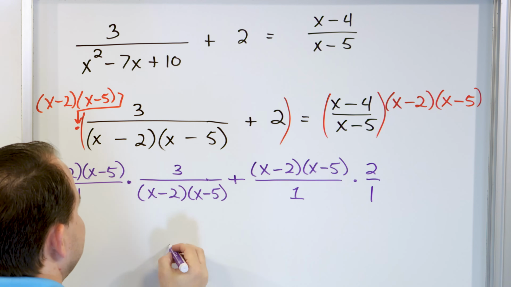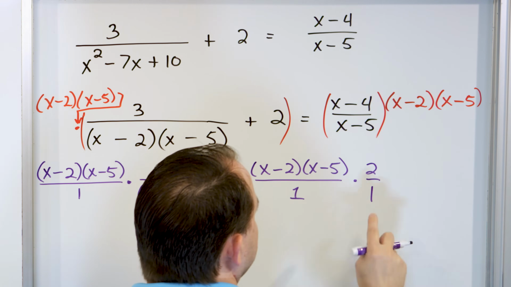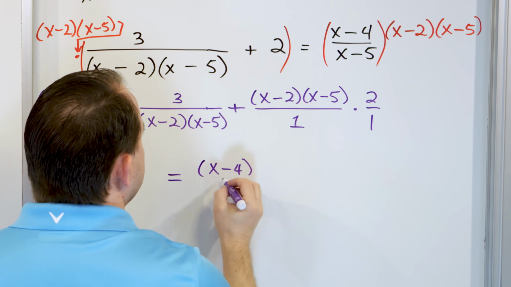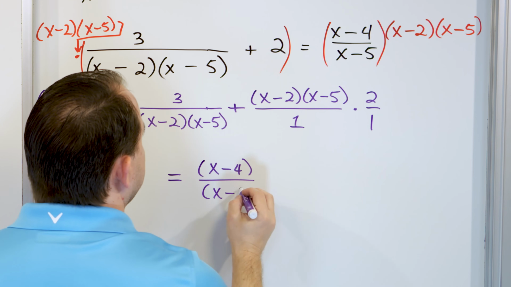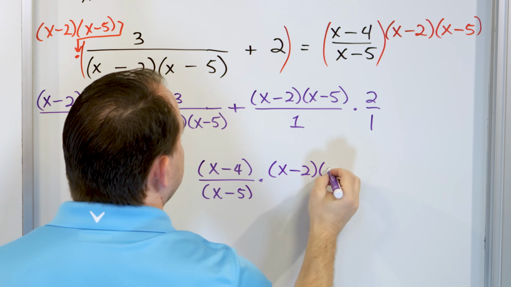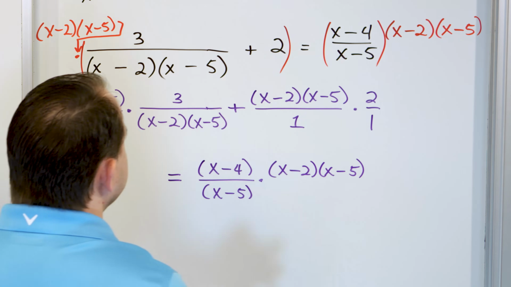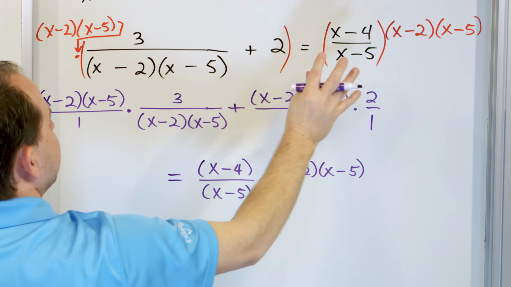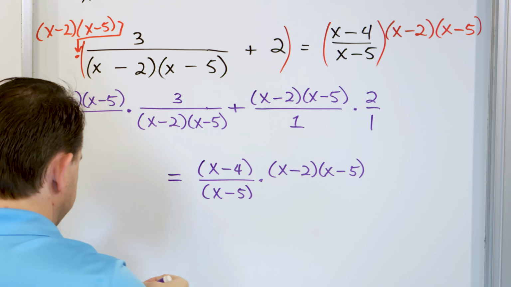And then I'm going to have this set equal to, I can't fit it all over here comfortably, so I'm going to have this, which will be x minus 4 over x minus 5 multiplied by x minus 2, x minus 5. So make sure you understand, all I'm doing is take this thing multiplied by this thing multiplied by the 2 equals, and then everything on the right-hand side.